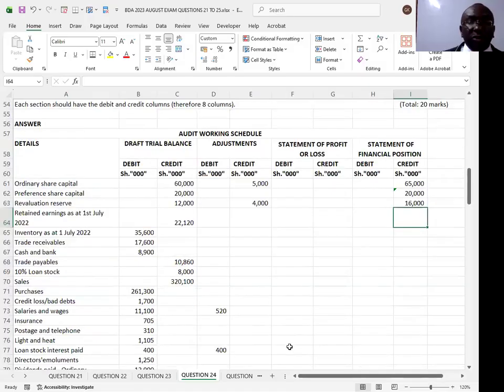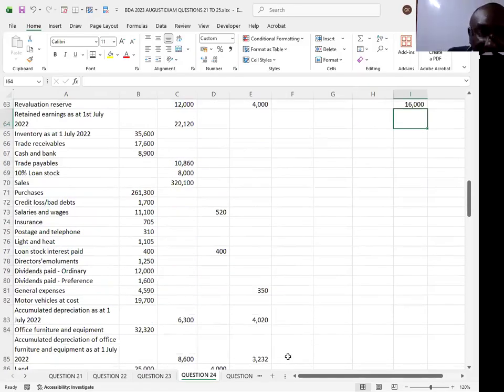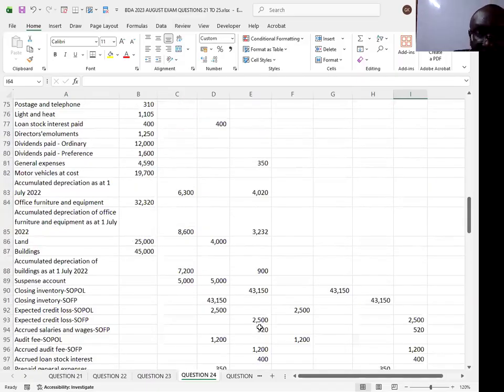So closing inventory nilikuwa nimesema inafaa kuwa credited. This one inafaa kuwa credited kwa statement of profit or loss. Because itakuwa negative. Ukiangalia how we do it pale, inakuanga ukishaweka opening stock, purchases, less closing.